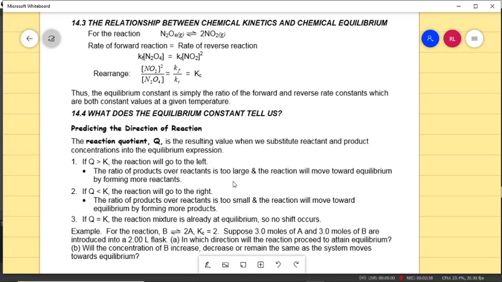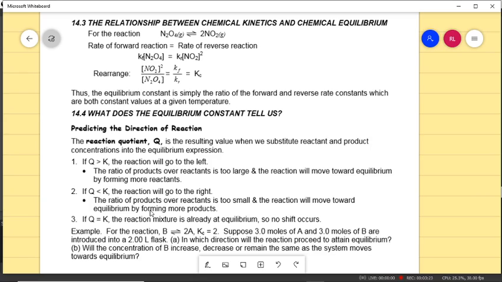So in other words, if your Q is greater than K, then the backward or reverse reaction is favored. If Q is less than K, then the reaction will go to the right. In other words, the forward reaction is favored.